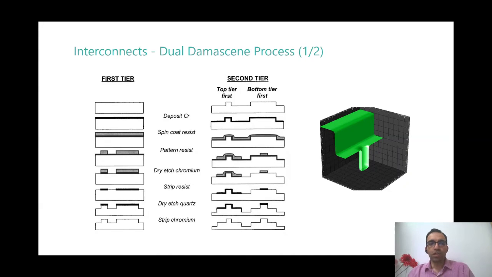Okay. So as Gagandeep said, the dual damascene process is used to reduce a process step. It may not be as intuitive to all of you yet, but let me explain it to you.